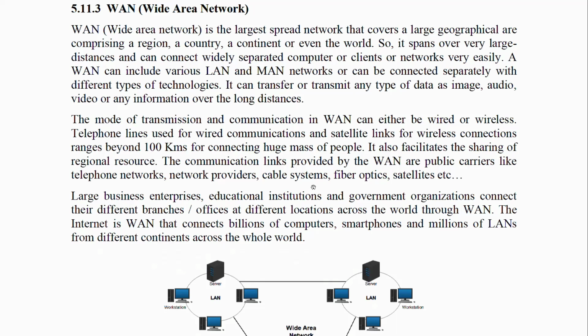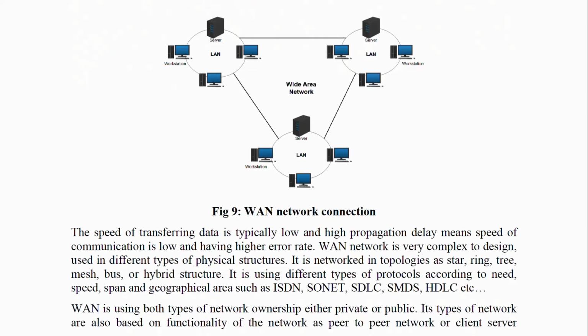The communication links provided by the WAN are public carriers like telephone network, network providers, cable system, fiber optics, satellites, etc. Large business enterprises, educational institutions, and government organizations connect their different branches and offices at different locations across the world through WAN. The Internet is a WAN that connects billions of computers, smartphones, and millions of LANs from different continents across the whole world. Figure 9 represents WAN network connection.